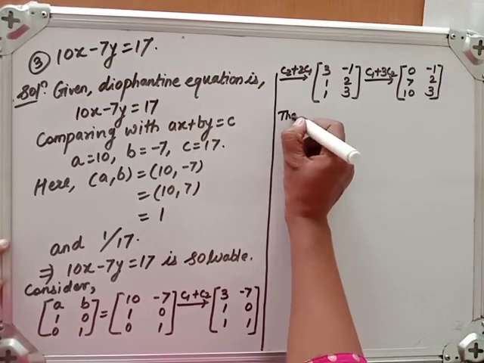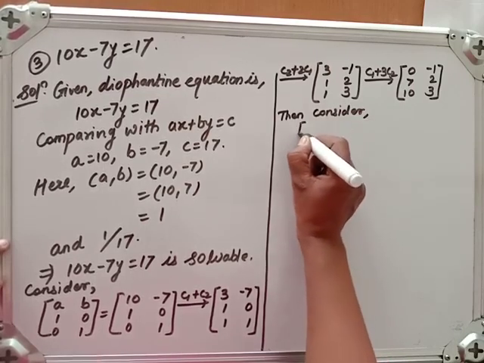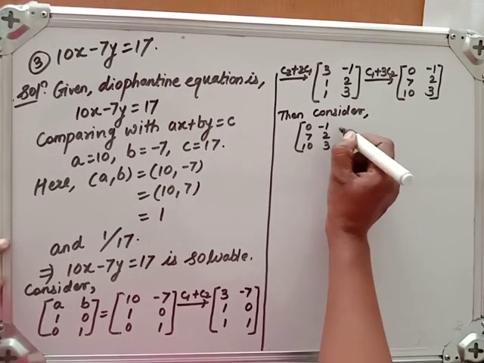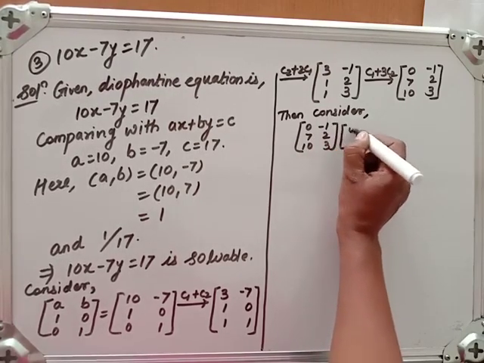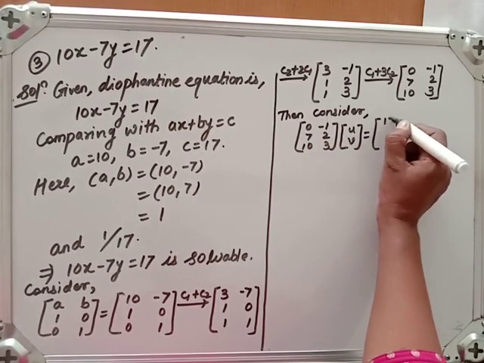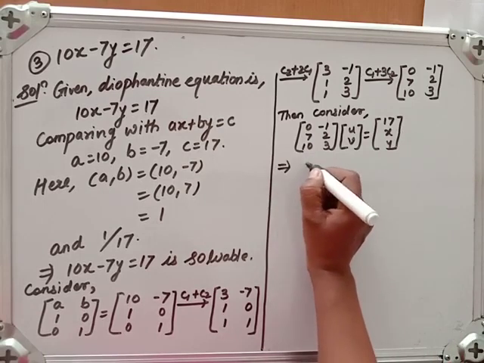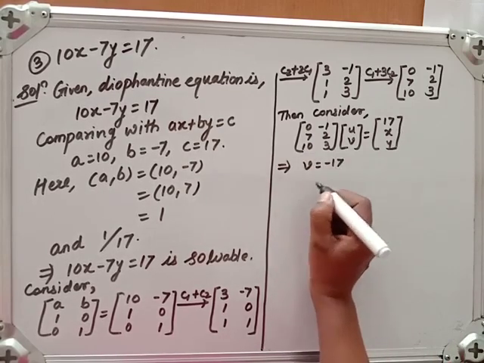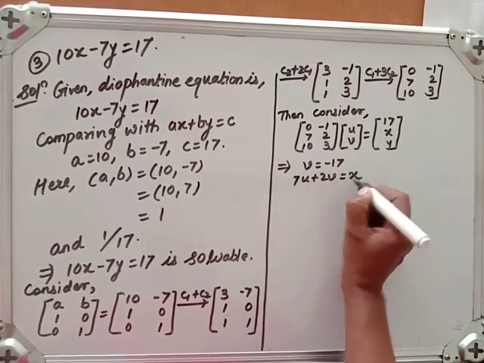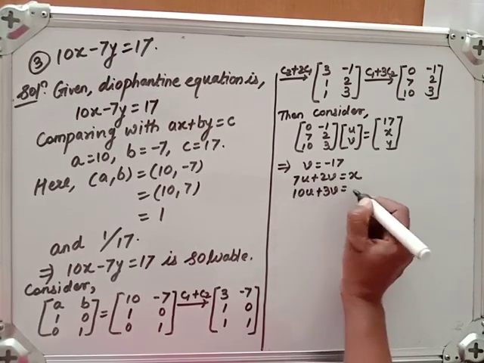Then consider [0 -1; 7 2; 10 3] times [u v] equal to [17; x; y]. So that gives us v equal to -17, 7u + 2v is equal to x, 10u + 3v is equal to what? y.